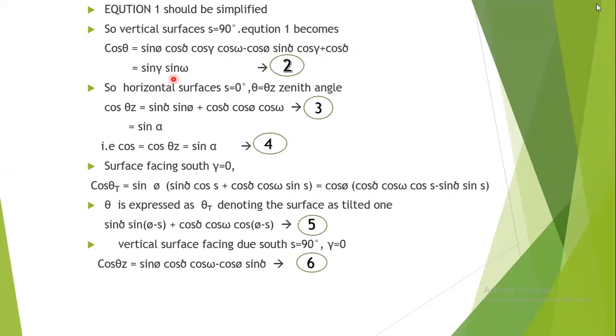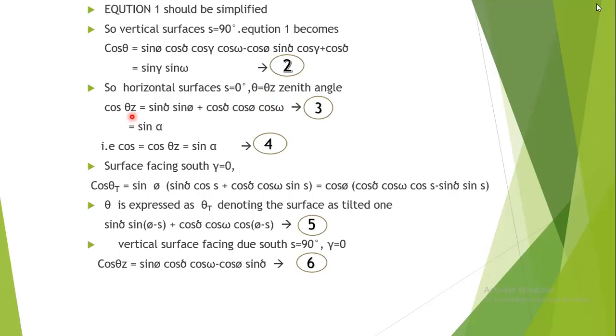and the second assumption: the first one was vertical surfaces, where S is taken as 90 degrees. If we simplify equation 1 taking the assumption of horizontal surfaces, then the slope is equal to 0 degrees and theta is equal to theta z, where theta z is the zenith angle. So cos theta becomes cos theta z.